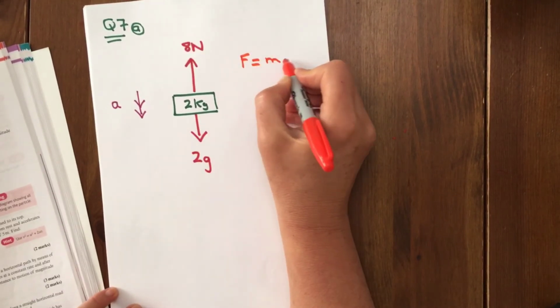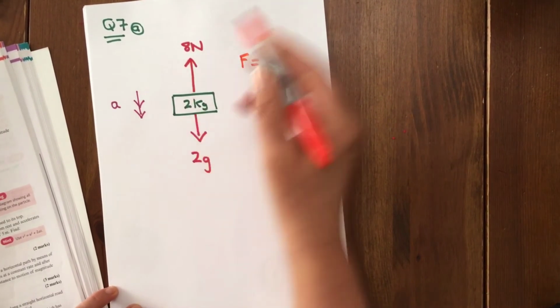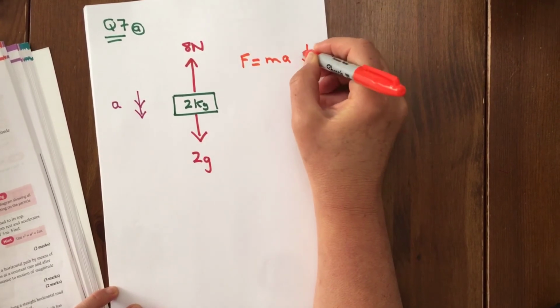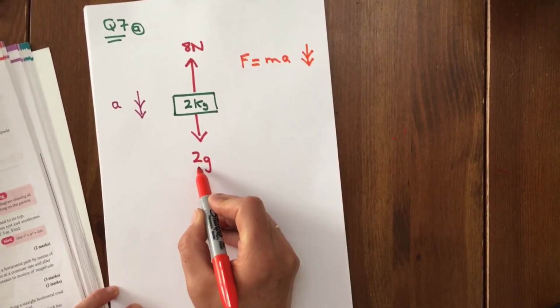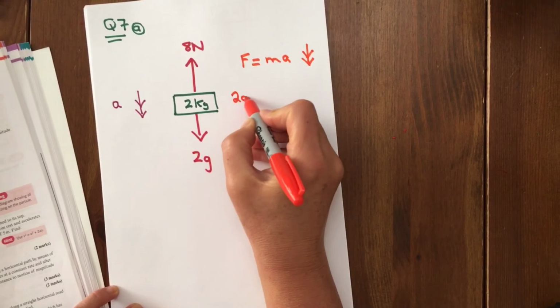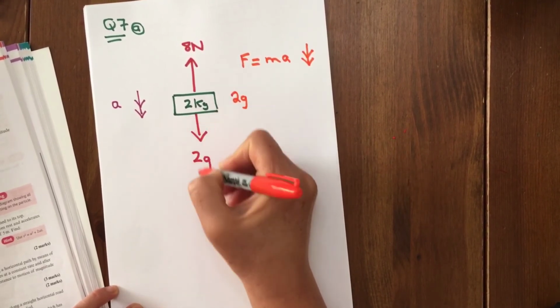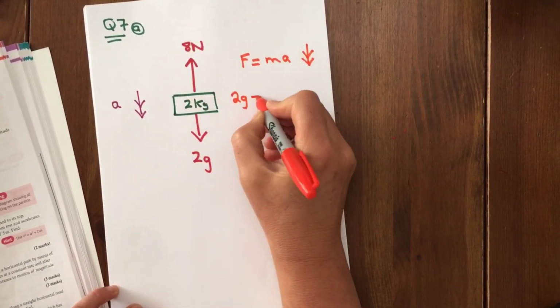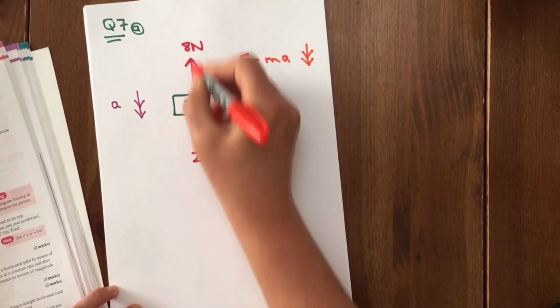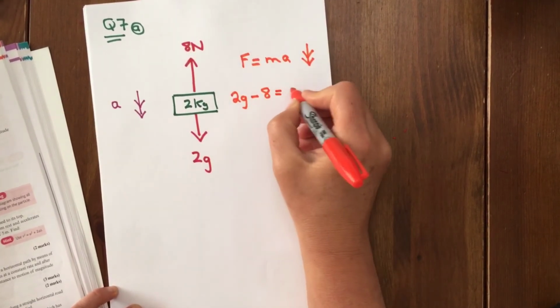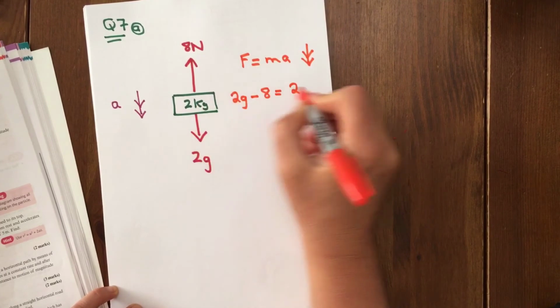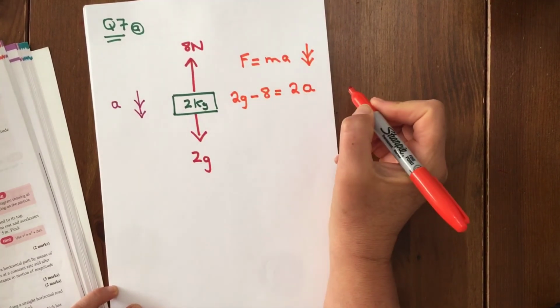Which way am I going to resolve? I'm going downwards on the object. So, I've got a force of 2g going downwards, that's positive, and 8 going upwards, so that's negative. The mass of my object is 2, and the acceleration I would like to find out.